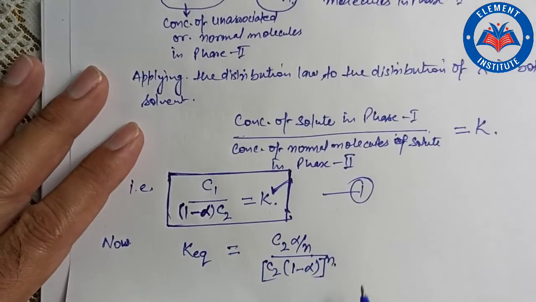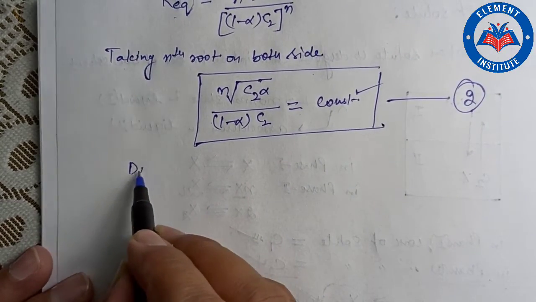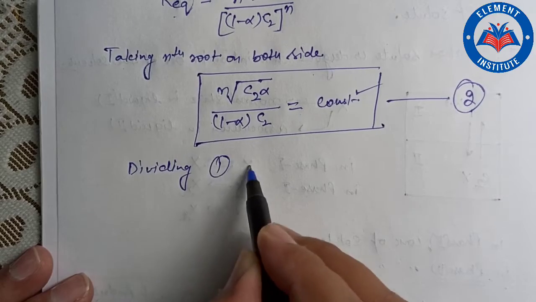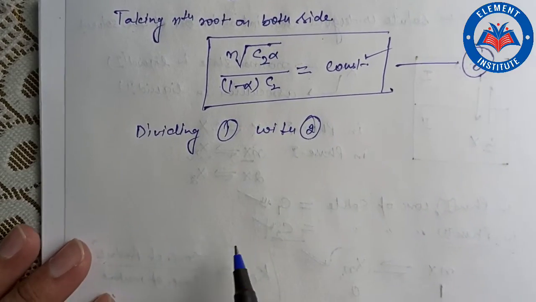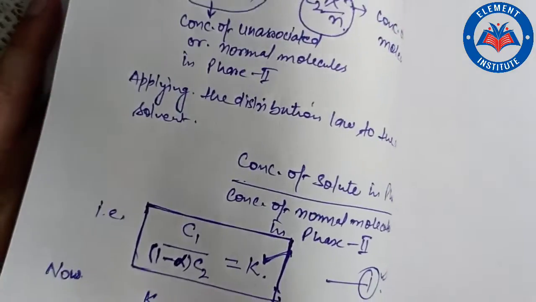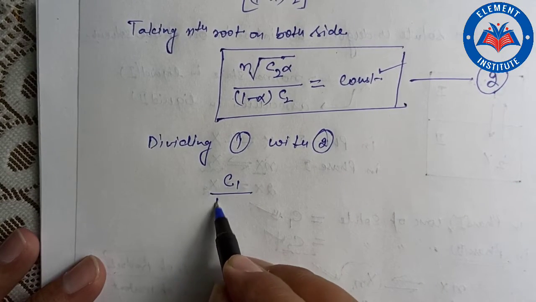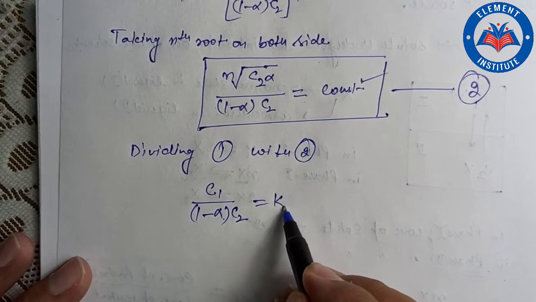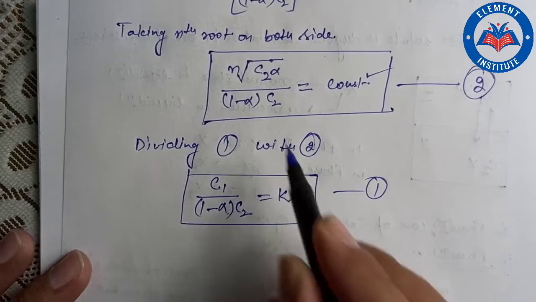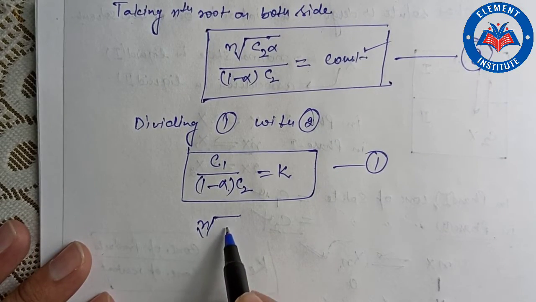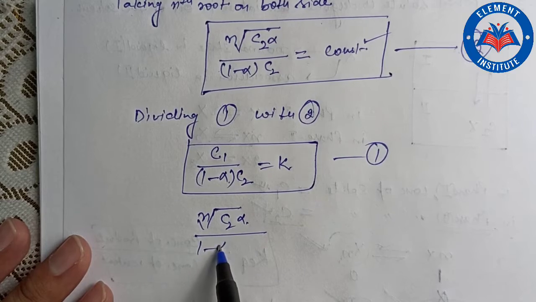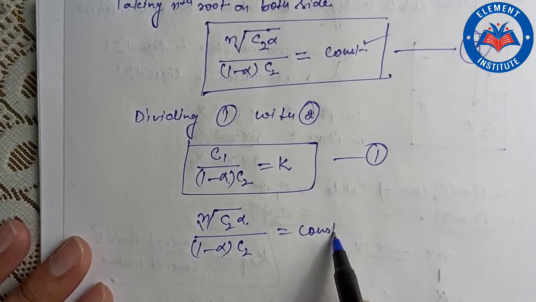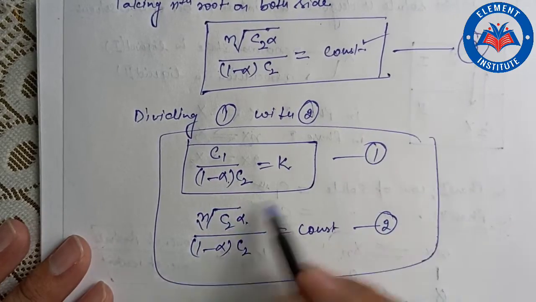Dividing equation 1 with equation 2: equation 1 is C1 upon 1 minus alpha C2, which is equal to K, and equation 2 is C2 alpha upon 1 minus alpha C2 equal to a constant.